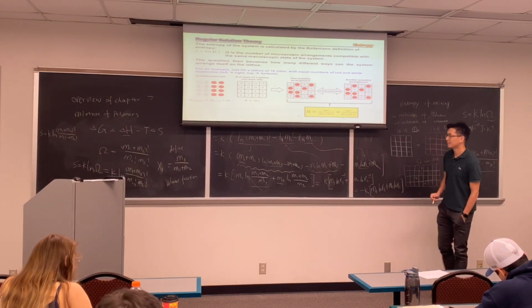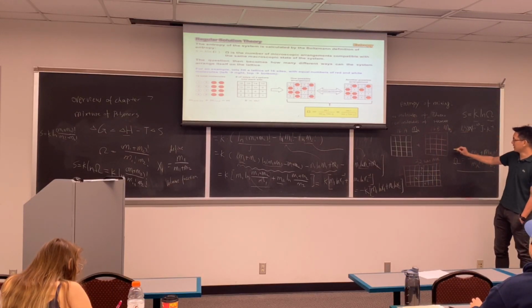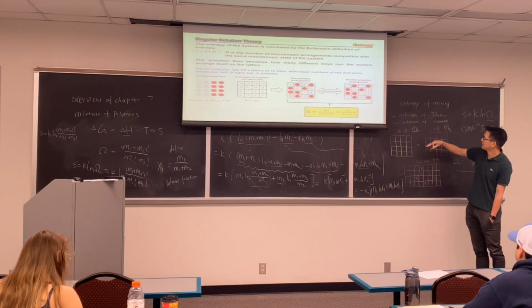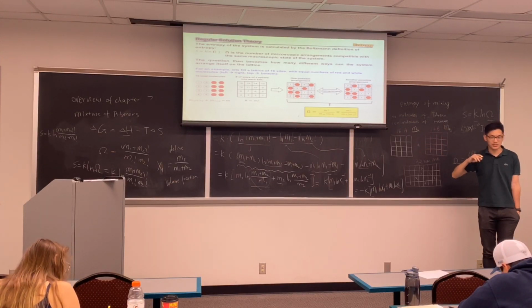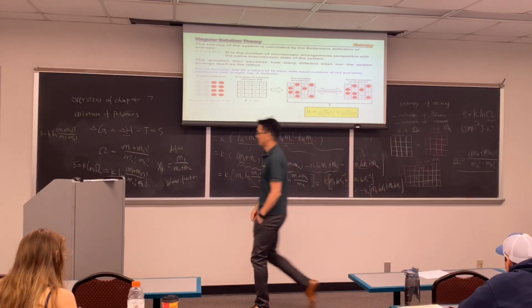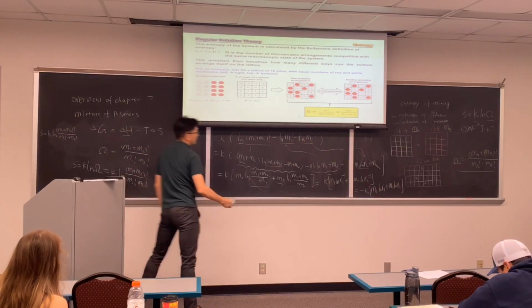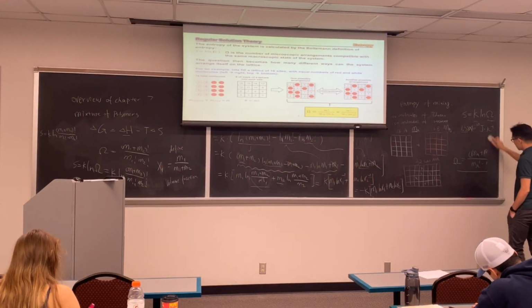So now, what would be the entropy of mixing, let's say, 100 molecules of toluene and 100 molecules of hexane? We have a general recipe. So someone help me.